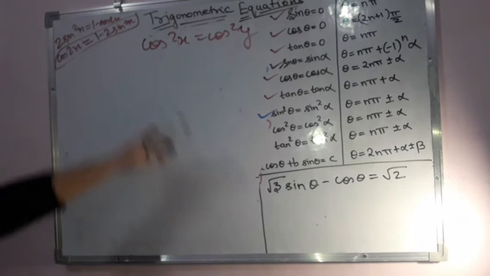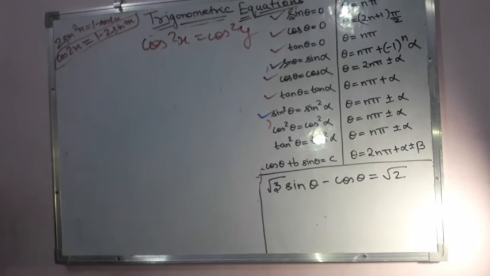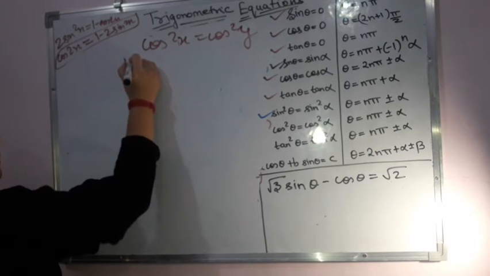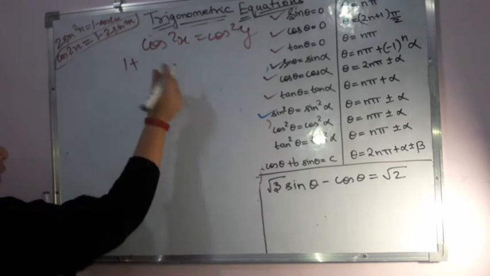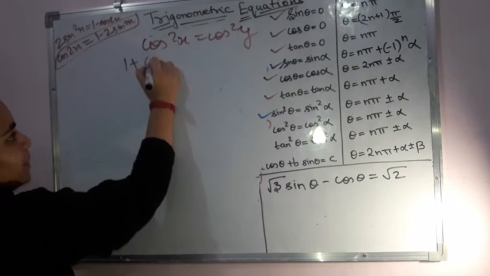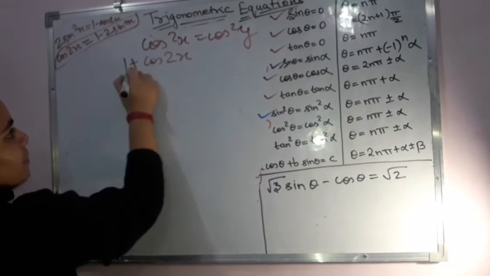Okay. Now this cos square theta in the same way could be written as 1 plus cos 2 theta by 2. When it is there it was minus, here I can write 1 plus cos 2x by 2.